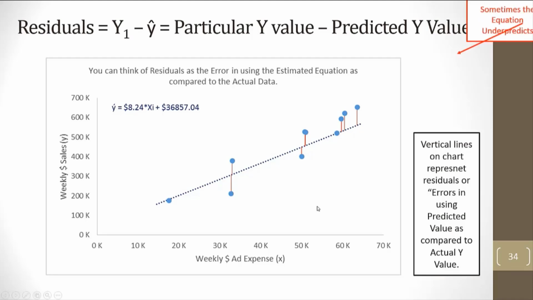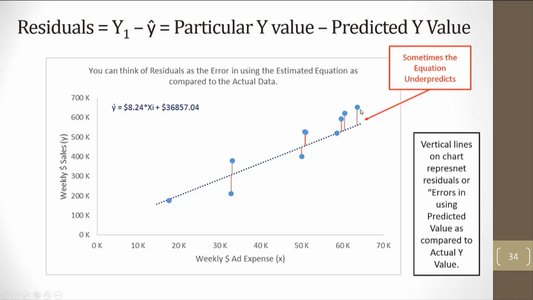Sometimes the actual value will be underneath, which means the equation is over predicting, other times it will under predict. Here's our estimation right there. There was the original y sample point from our sample data. It's way below.